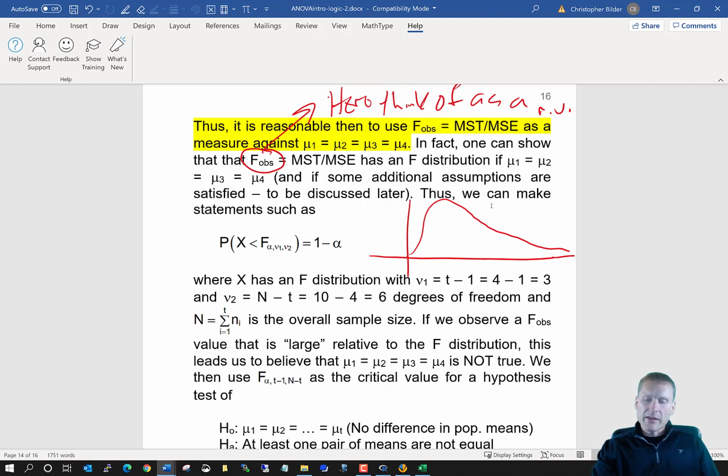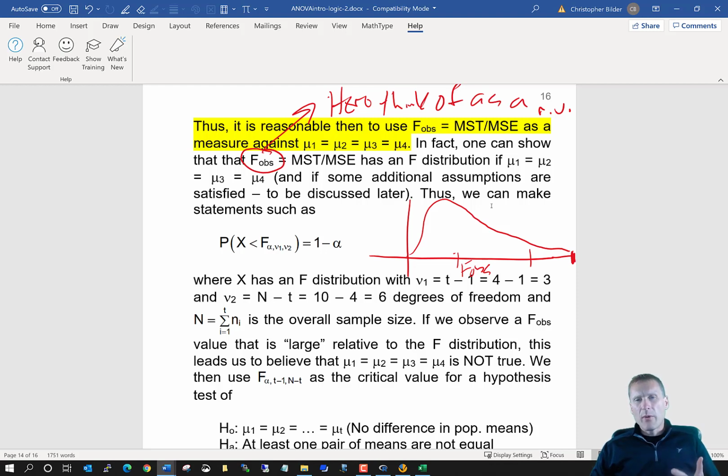So what that says is that if I observe, let's say, F obs somewhere in the middle here, where there's a lot of probability underneath that curve, that would be a reasonable thing to have happen if the null hypothesis was true. But instead, let's say I'm way out here, where there's very little probability, and that's where F obs ends up being.